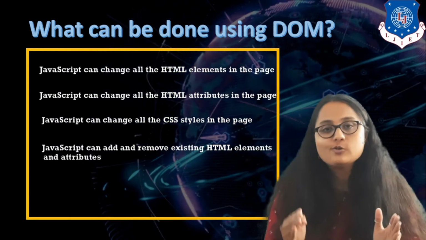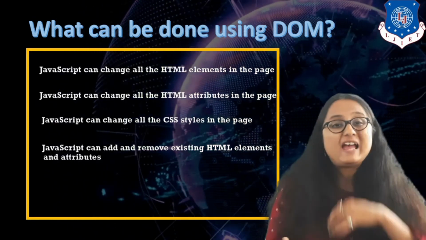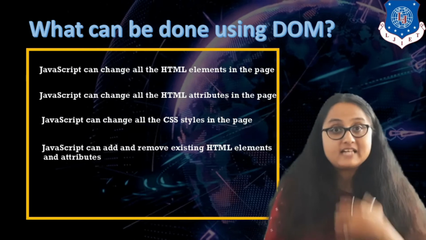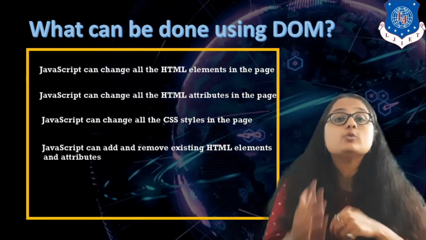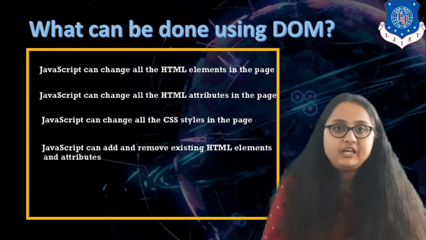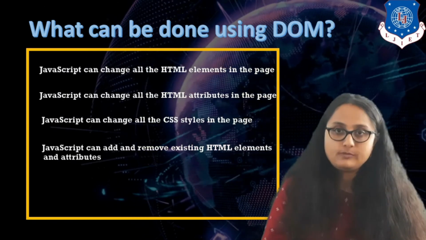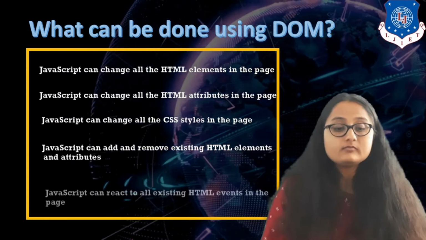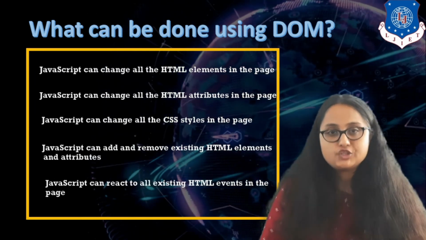You can do so using DOM. Similarly, if you want to add new HTML elements dynamically, again if the user is clicking a button and you want a new text box to be added on the web page dynamically, you can do that thing also using document object modeling.